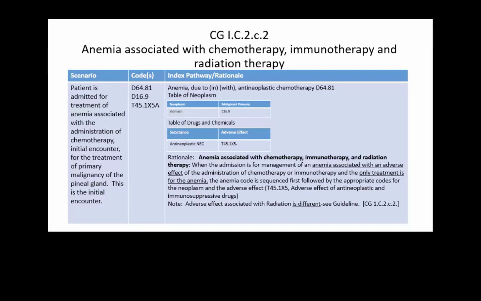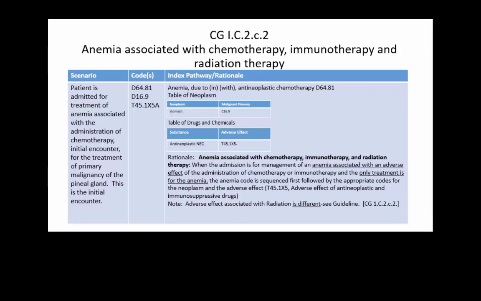So our guideline is if the anemia associated with these therapies is being treated and it's the only thing being treated, then your anemia is sequenced first, followed by your code for the cancer, and then the adverse effect code, which is T45.1X5. You see that I have a note there that the adverse effect associated with radiation is different. So you just have to go back to your guidelines to read about that.